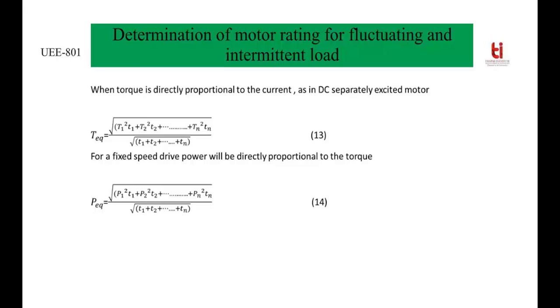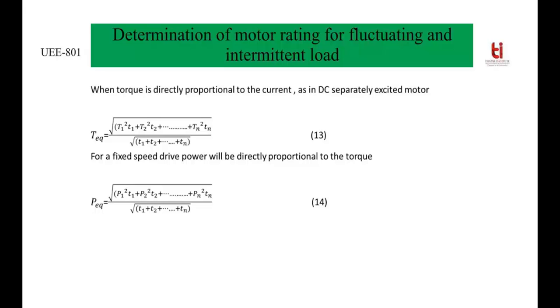Now, to find the equivalent torque or equivalent power in case of fluctuating and intermittent load, a similar approach is used. Take the example of a DC separately excited motor, where current is directly proportional to torque. Then the equivalent torque can be written as the square root of (T1² into t1 plus T2² into t2 plus Tn² into tn) divided by the summation of the durations.